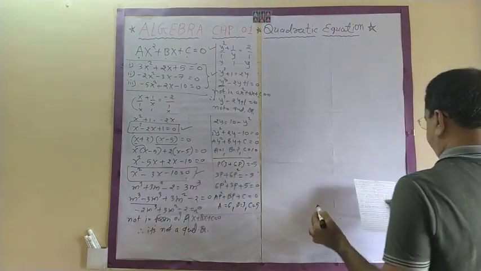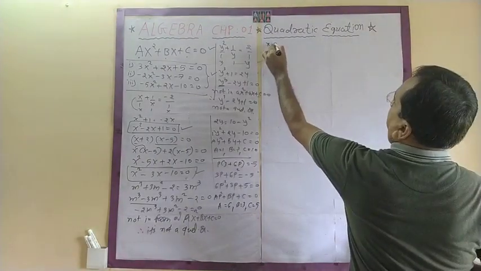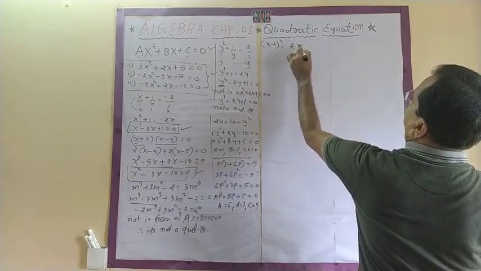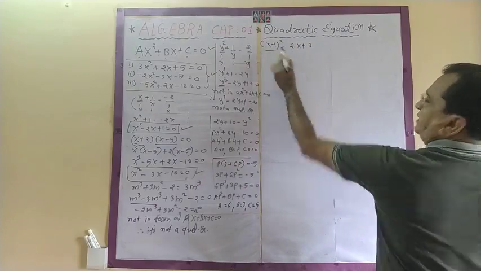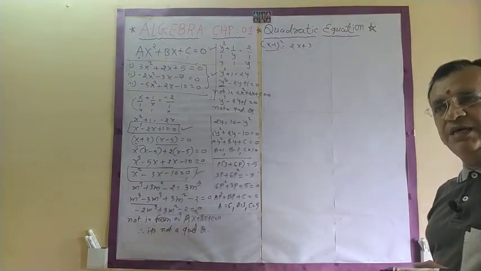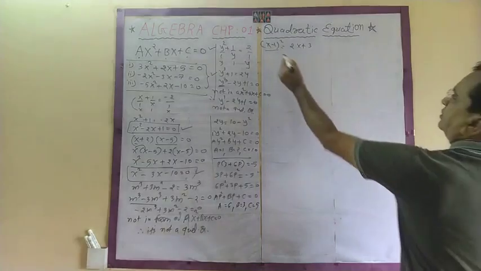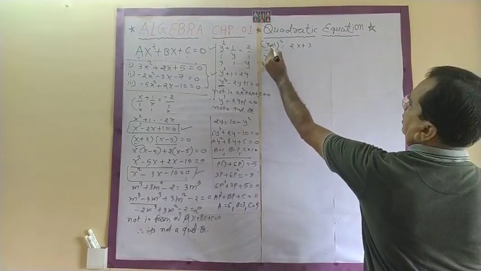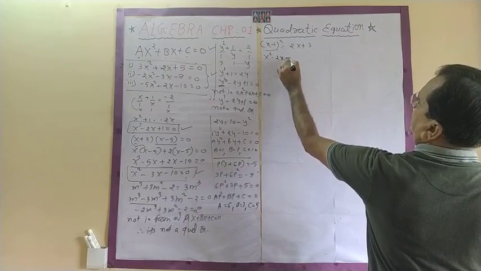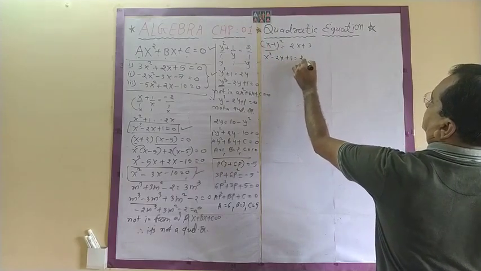One more example is there: x minus 1 all square, 2x plus 3. a minus b square means a square minus 2ab plus b square. So a square means square of the first term, this into this product of all, minus minus plus.